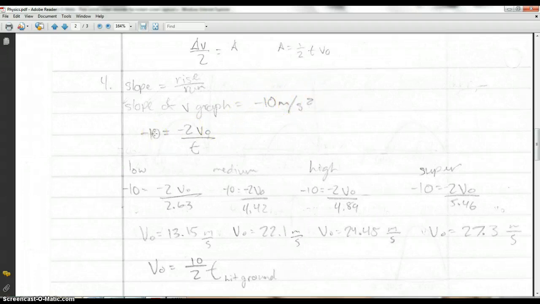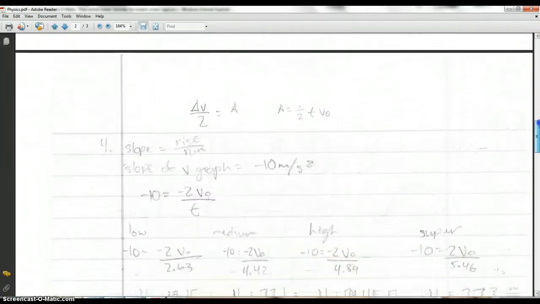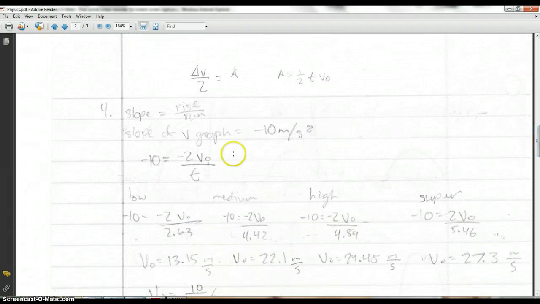So to figure out the initial point, I made an equation, negative 10 equals negative 2 V naught over t, because that's the slope, negative 10, and I'm plugging in rise over run. The run is t because, as you can see in these graphs, that's the x value, or the horizontal value. Now, negative 2 V naught I got because that's the rise.